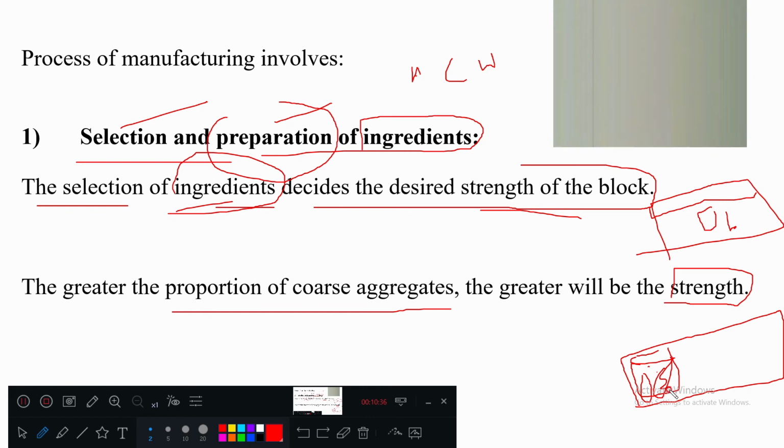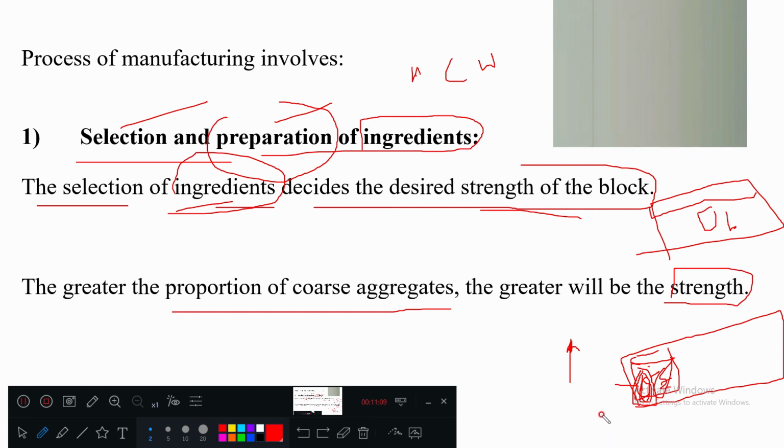So if you are increasing the coarser size, in this mix, which is the strongest? Obviously not cement, not water, not sand. So if you are increasing the coarse aggregate content, but only up to a certain limit, you cannot increase it to the fullest extent. Up to a certain extent, if you are increasing the quantity of coarse aggregate, the total strength is also going to increase.